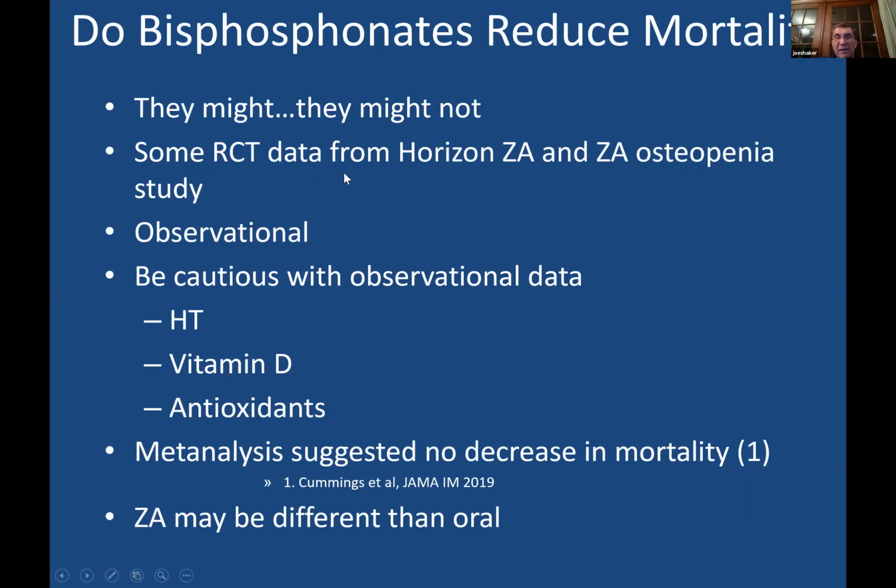I think the randomized trial data with zoledronic acid are very suggestive. The rest is observational, and we've had a lot of observational data over our careers that didn't pan out. And there's one meta-analysis that showed no decrease in mortality. I wonder if the IV isn't different than the oral, but it's just a question that's out there and interesting.